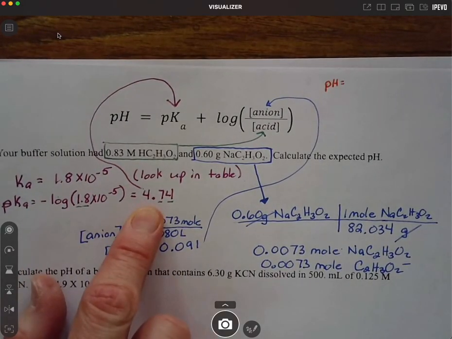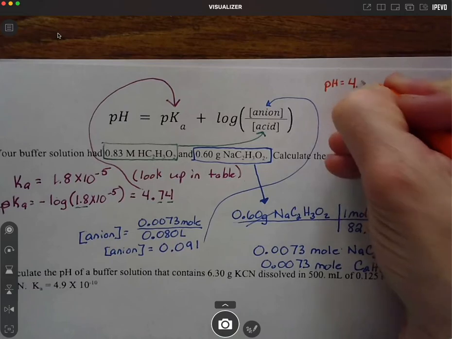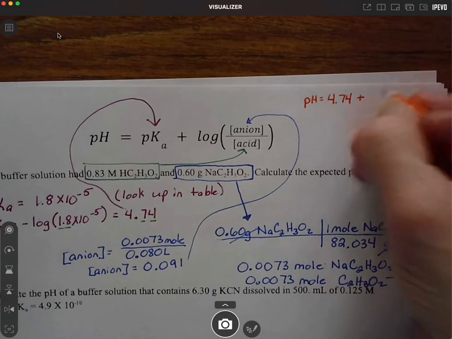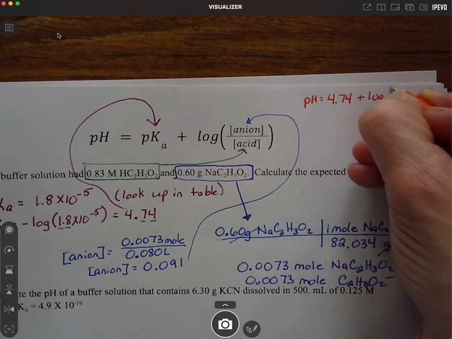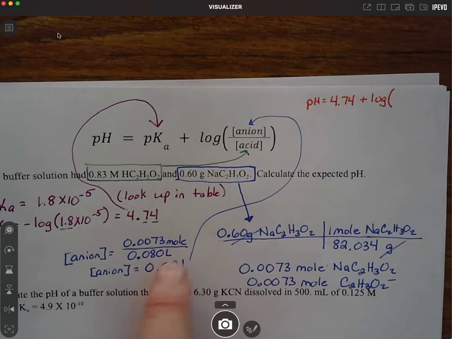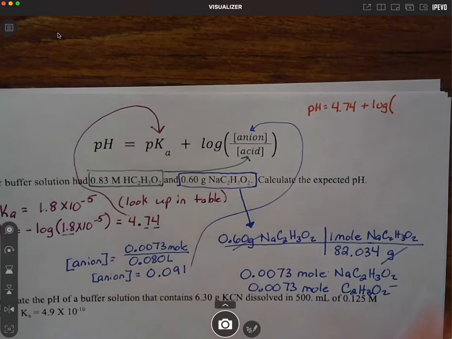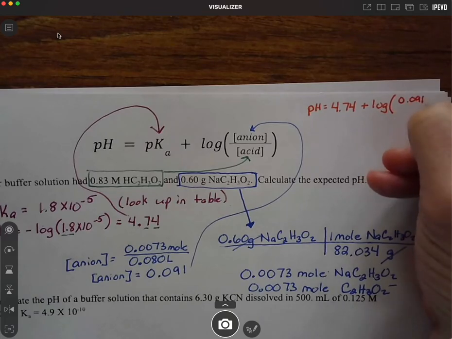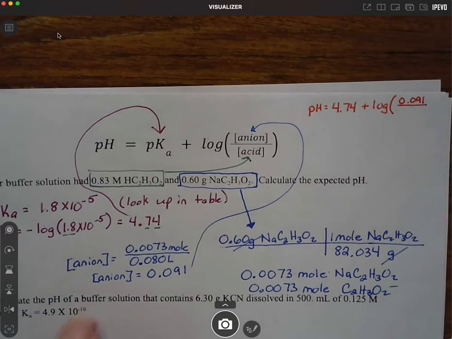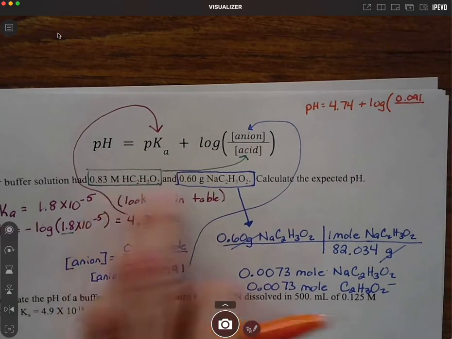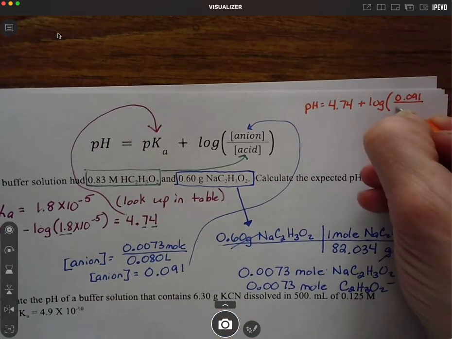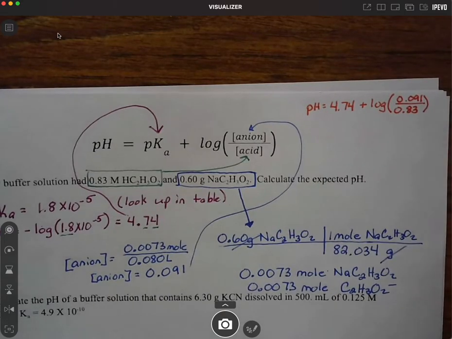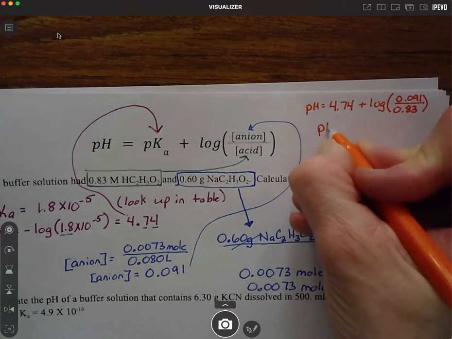I found the pKa, 4.74, plus the logarithm of the concentration of the anion, which I found right here, divided by the concentration of the acid, which was given to me in the problem. And then I should work this all out.